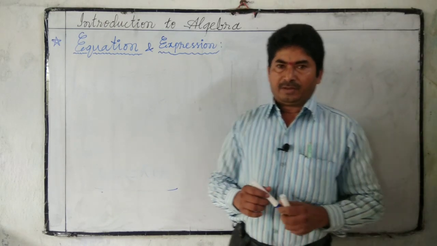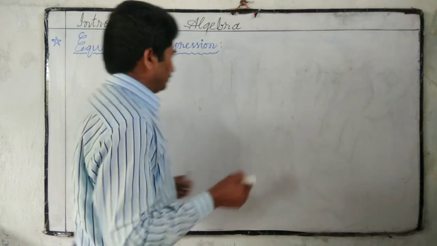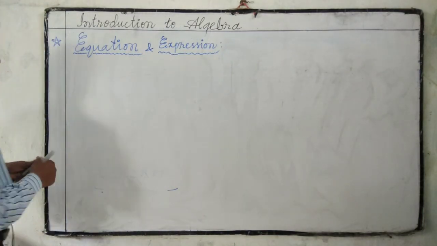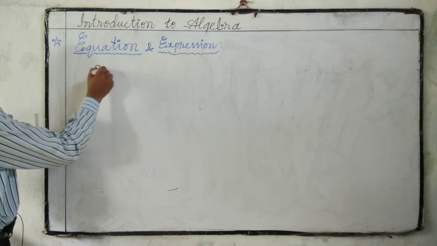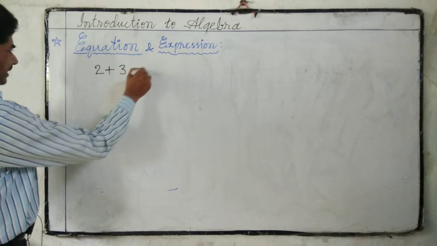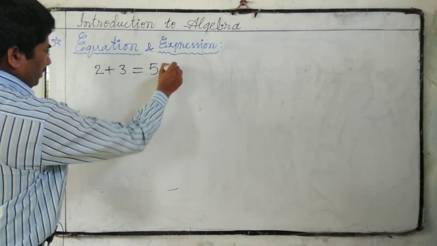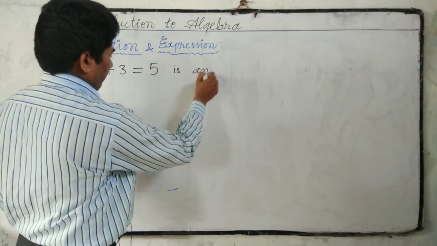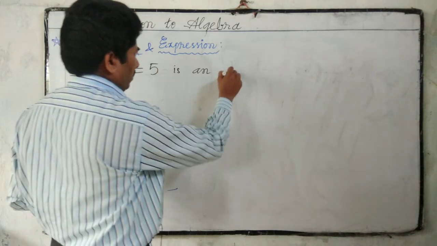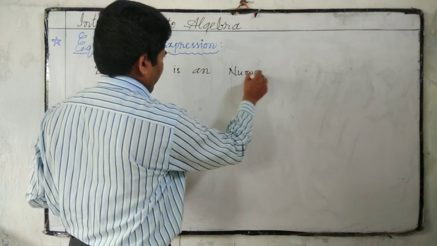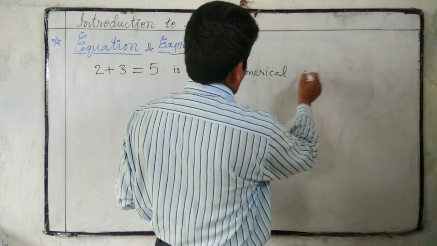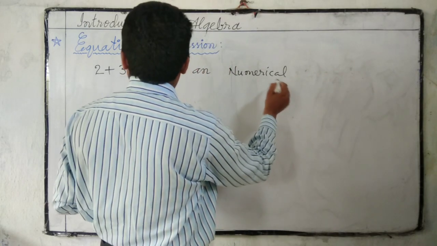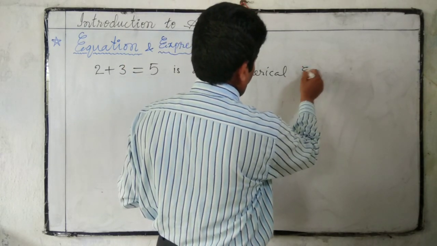Let us see an example. 2 plus 3 is equal to 5 is a numerical equation.